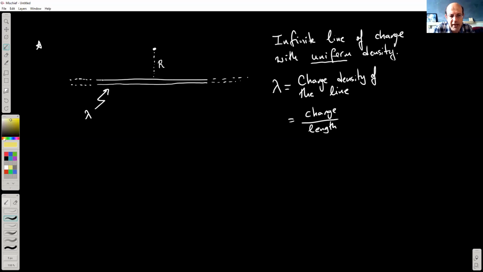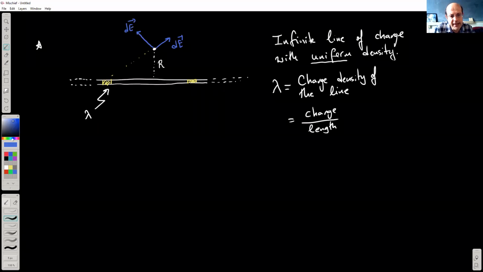If I choose my charge in here, a piece of charge, in that case, the electric field produced by that piece of charge would be something like that. So this dE would be the electric field produced by that piece of charge. But if I choose my piece of charge in here, the corresponding dE would be somewhat like that. Right?